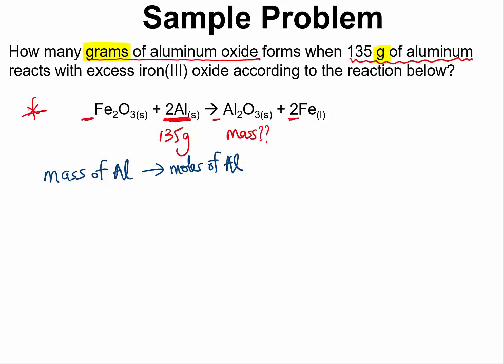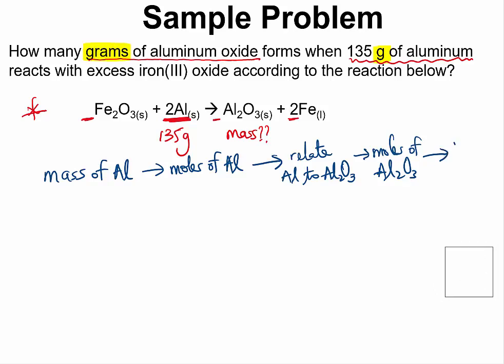And then we will relate aluminum to aluminum oxide to find the moles of aluminum oxide. And then we will convert the moles of aluminum oxide to mass of aluminum oxide. That is how we plan to do this.